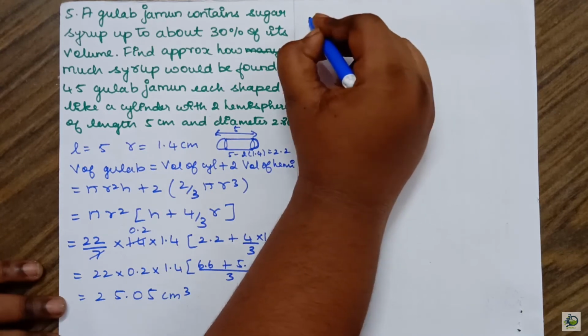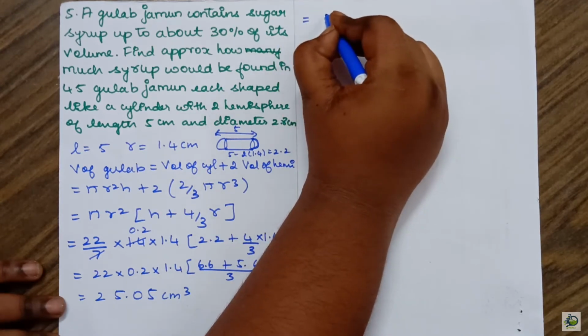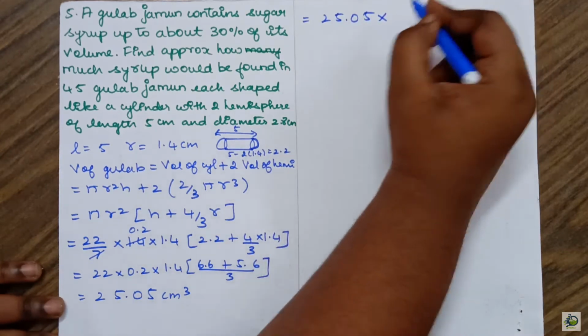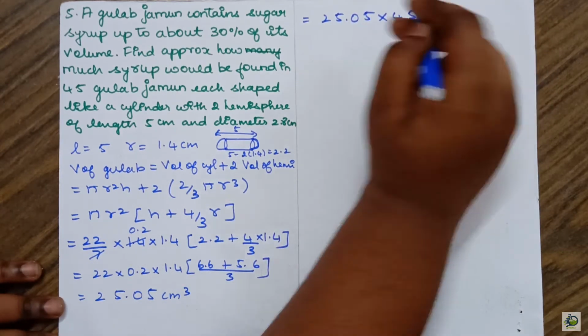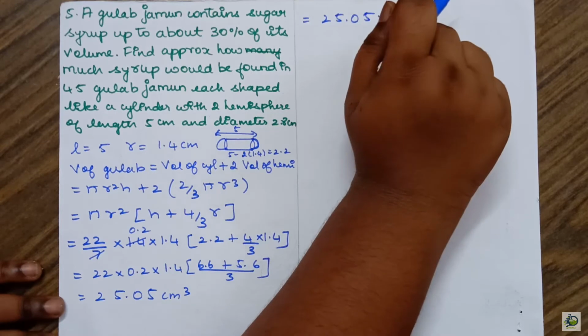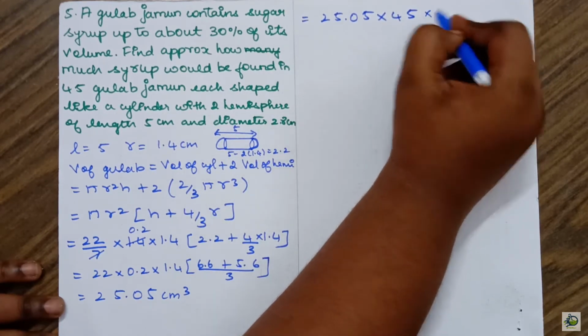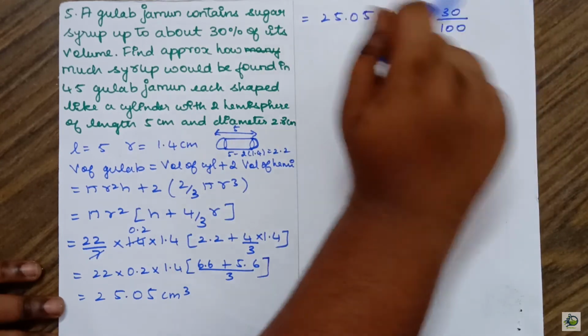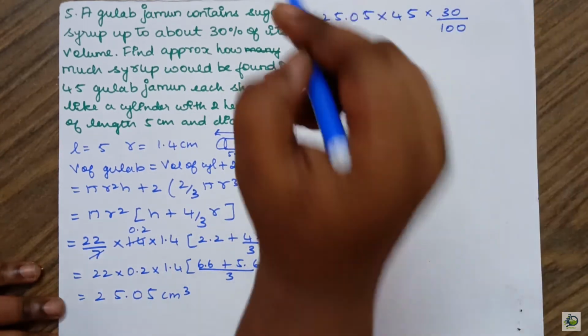So what I have to do is multiply 25.05 with 45, so that I will get the volume of 45 Gulab Jamun, and I will take the 30% of it, because the sugar syrup will be 30% of its volume.